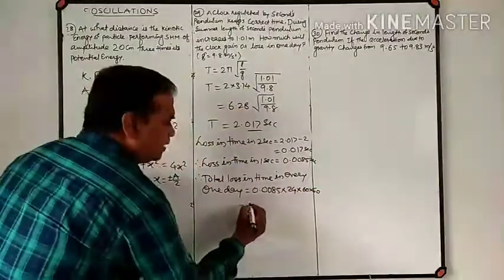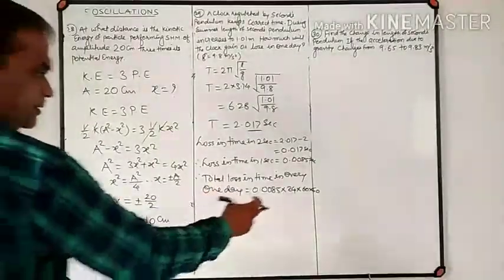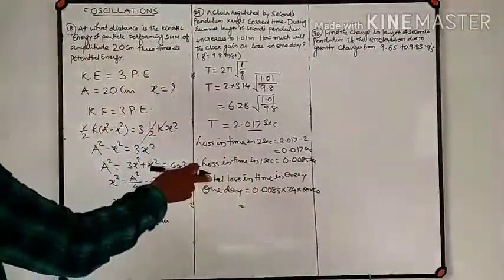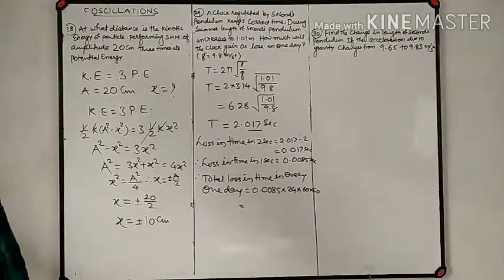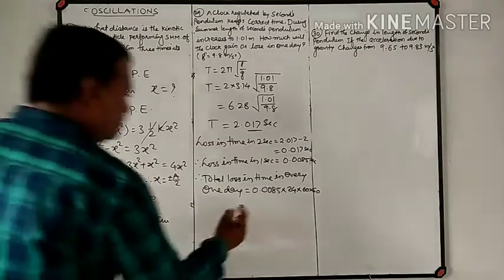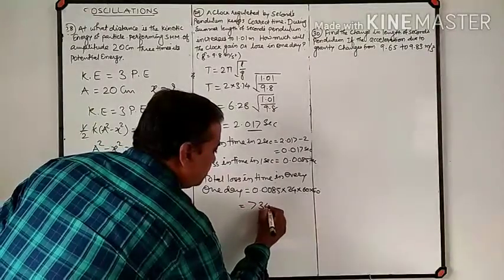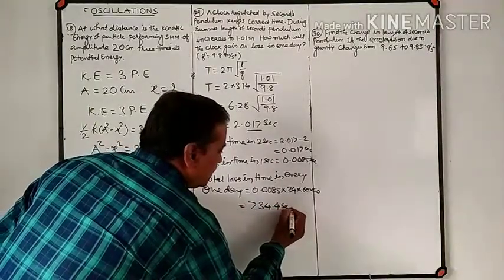That is 3600 into 24 into 0.0085, and if you calculate it, it comes to 734.4 seconds.